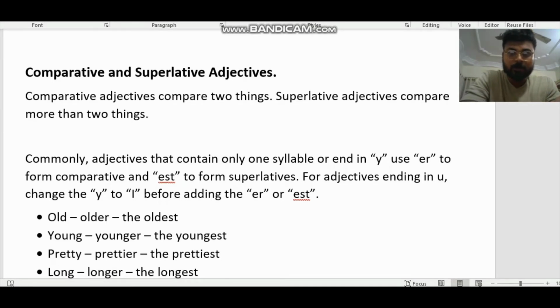Let me write a word for you here, important. Now, can you break the word? Yes, you can. Im, por, tant. Important. It is a three-syllable word.